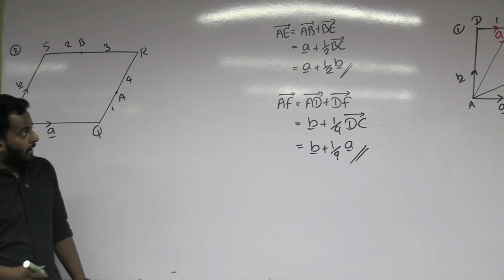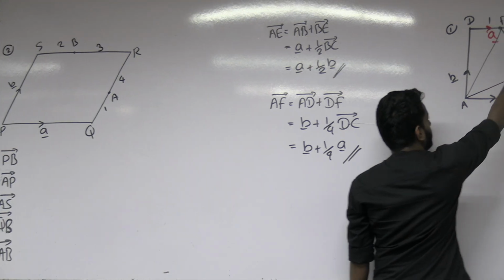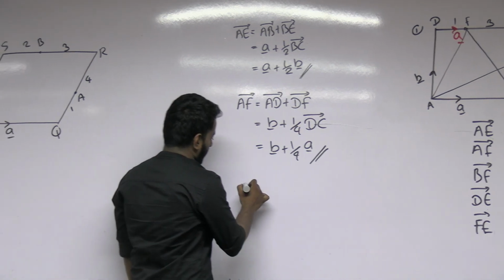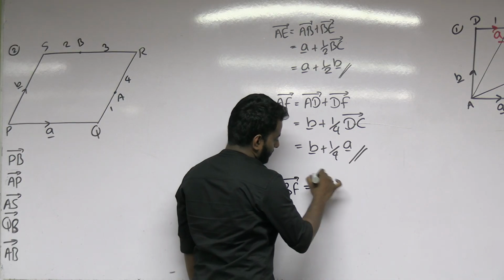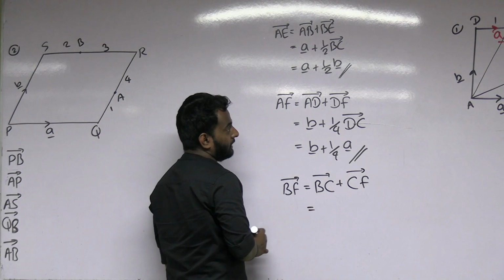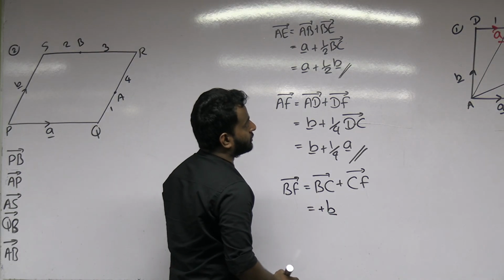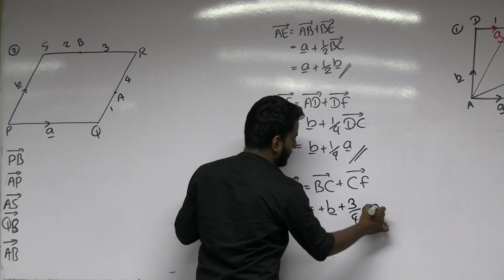Right. And next we'll start from BF. So the easiest way to move from B to F is via C. So we can write BF equals to BC plus CF. So BC is plus B, and CF is a portion which is 3 over 4 CD.